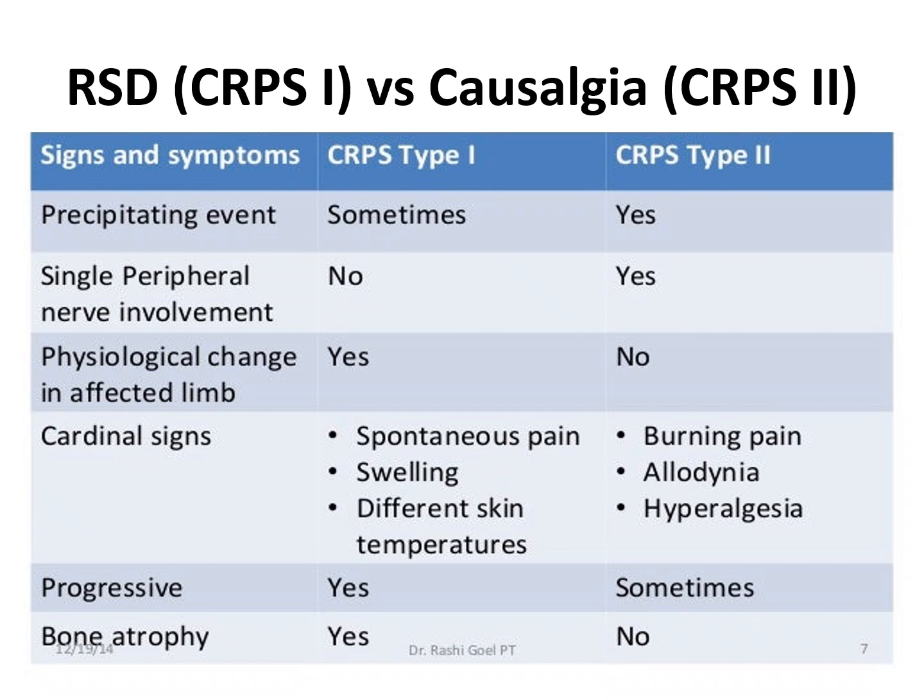yes, there's going to be an obvious precipitating injury, a severe injury to the limb. Yes, often there's one single peripheral nerve that is involved. No, there's no physiological change in the limb. The patient would just complain of burning pain, allodynia, or hyperalgesia.